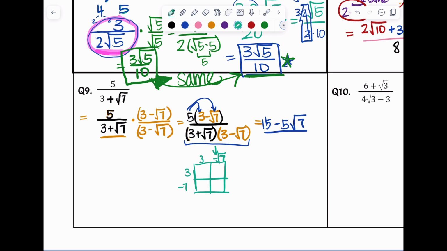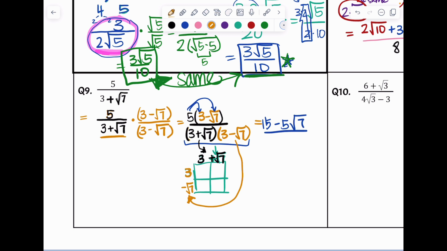Okay, so I have... no, not yet. Sorry. I should be multiplying by 3 minus rad 7, and I'm going to change this to 3 plus rad 7. So the black part, I'm going to go ahead and match that up. So this is that part, and then that yellow is going to be right there.